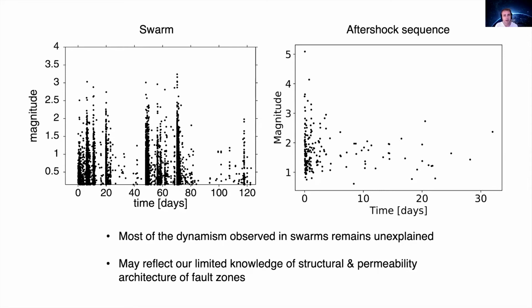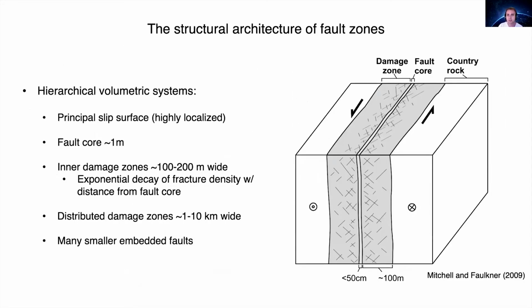So it's worth, I think, taking a step back and looking at what we really know and believe to be representative of the character of fault zones, the architecture of them structurally, permeability-wise, and so forth. This is a standard cartoon for general fault architecture, where you have a fault core containing the principal slip surface, which is highly localized.